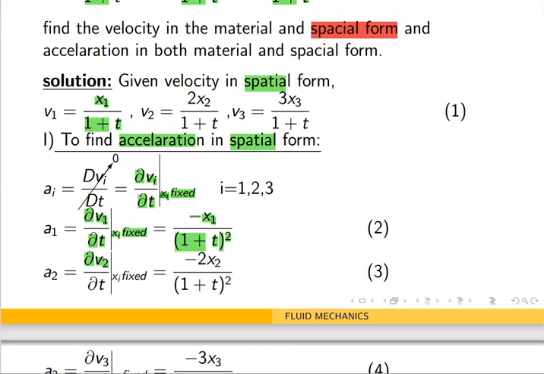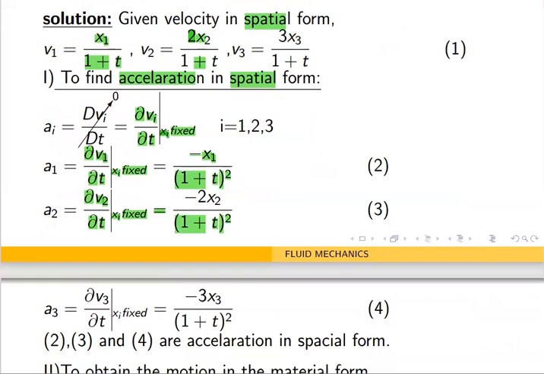A2 is nothing but dou V2 by dou t with xi fixed. Take V2, so 2x2 is constant as it is, and the differentiation of 1 by 1 plus t is minus 1 by 1 plus t whole square. Call it equation 3.